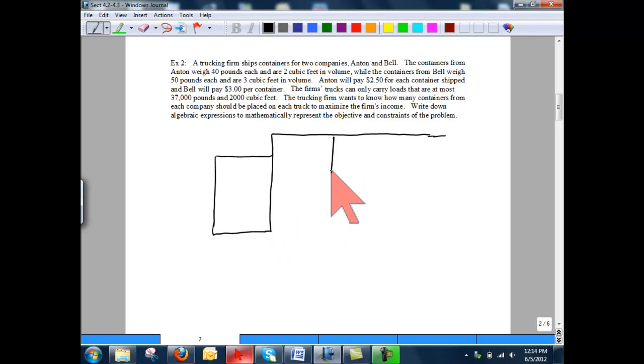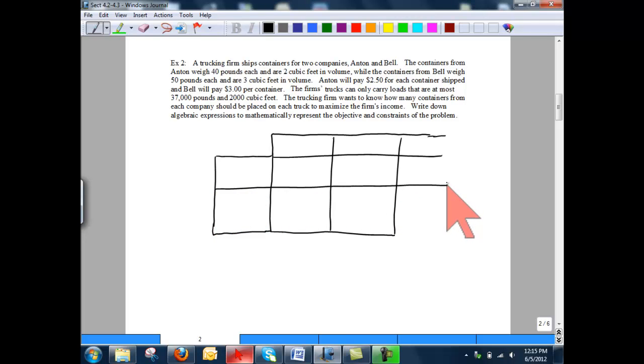But for now, I'll go ahead and construct a table similar to what we had before. So actually, I think this is basically the structure that we had. Products went here, resources went here, and here was profit before.